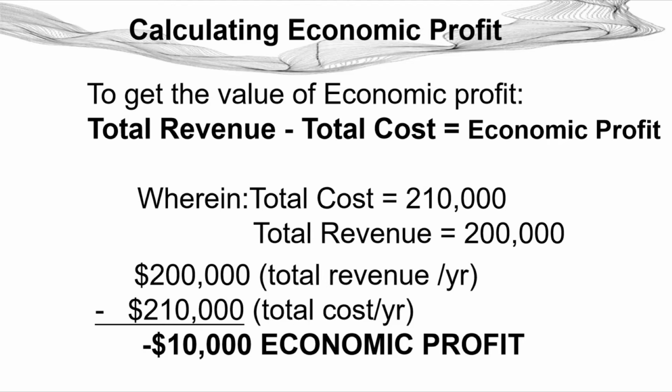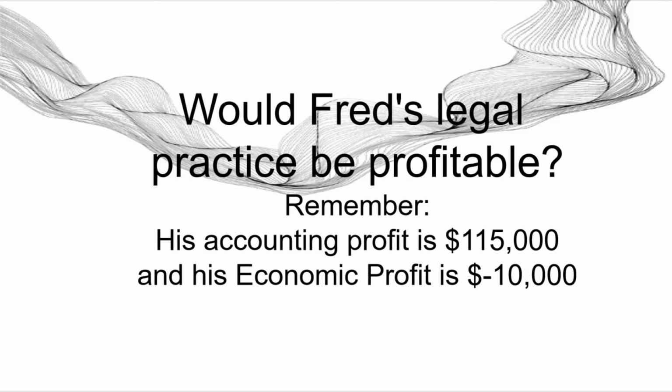So, our computation will be $200,000, which is the total revenue per year, minus $210,000, which is the total cost of Fred per year. Our economic profit will be negative $10,000.